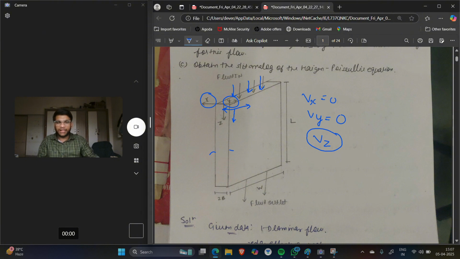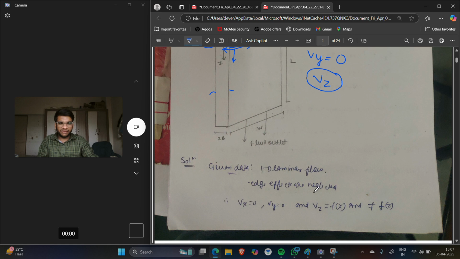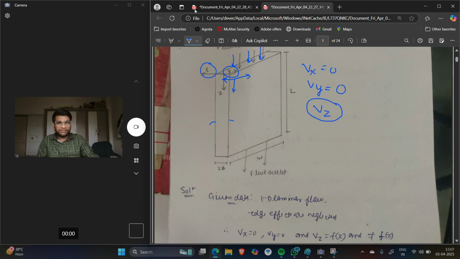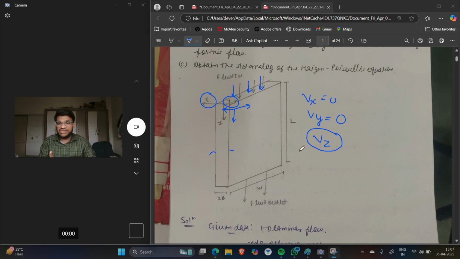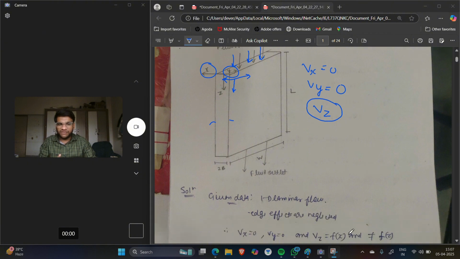Okay. So now let's see what is given. What else is given? That edge effects are neglected. It is given that only the velocity in z direction is there.